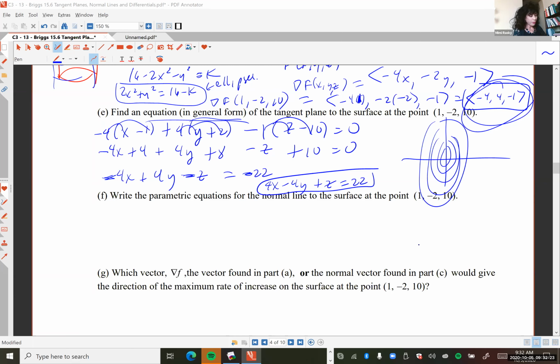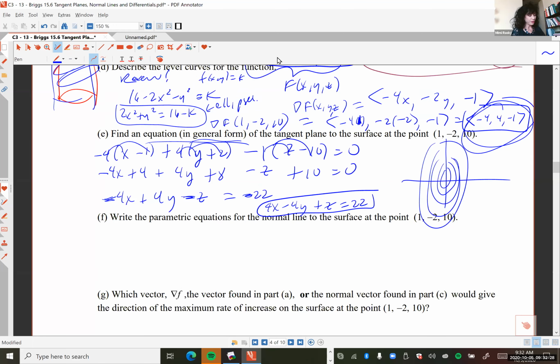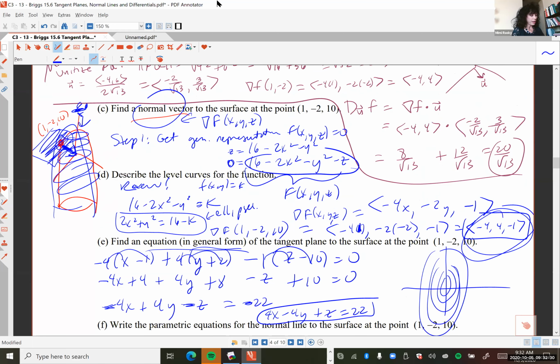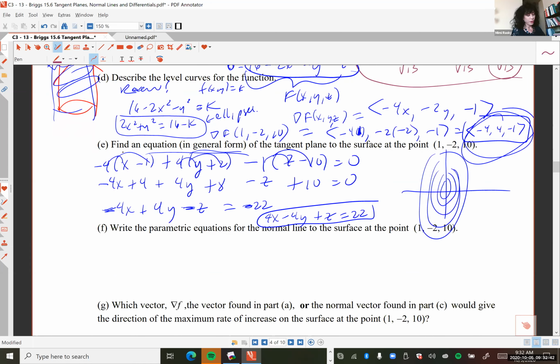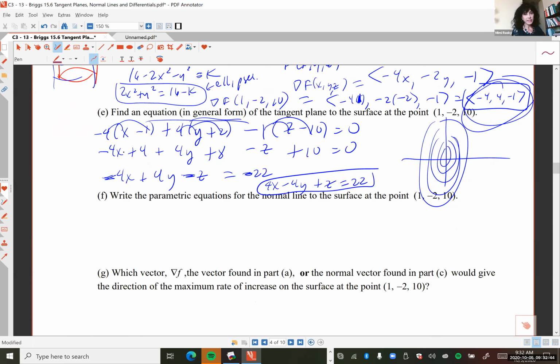So we're going to write the parametric equations now for the normal line to the surface. The picture of that would be, I've got my paraboloid. We already have a picture of the tangent plane. What would the normal line look like? Well, the normal line is just piercing through that paraboloid at that point, making a 90-degree angle, and we already have the gradient. It's our direction vector.